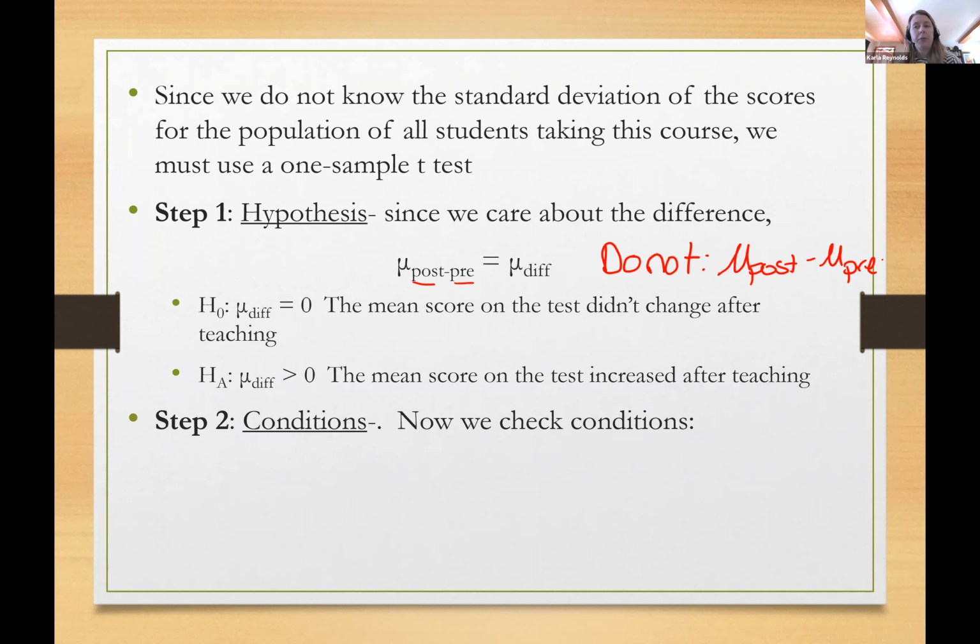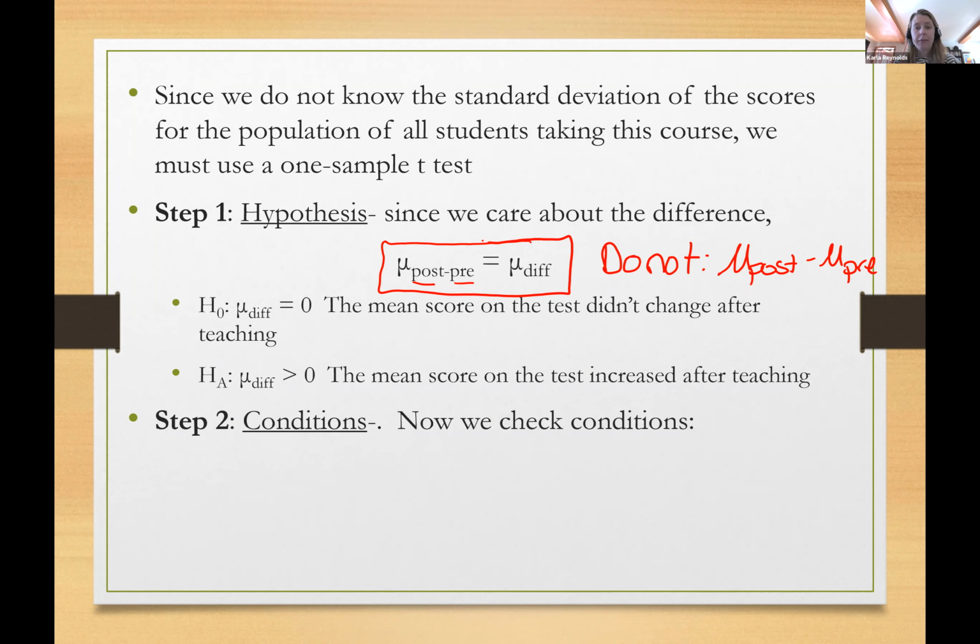That's actually a two-sample test because you're taking the mean of the post-test minus the mean of the pre-test. And that is different than taking the mean of the differences, which is what this notation does. So it's a minor difference, but it's an important mathematical difference in the order of operations.